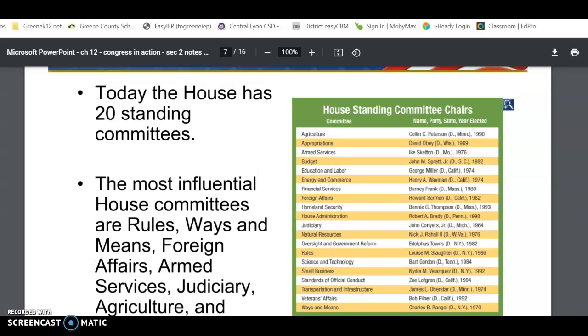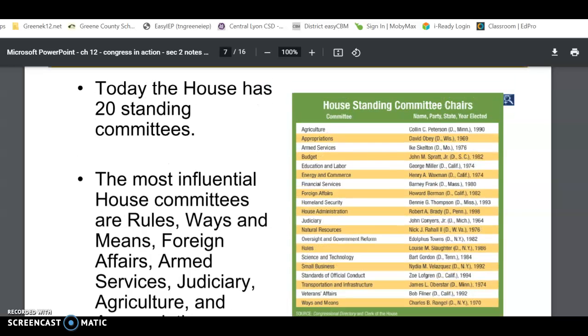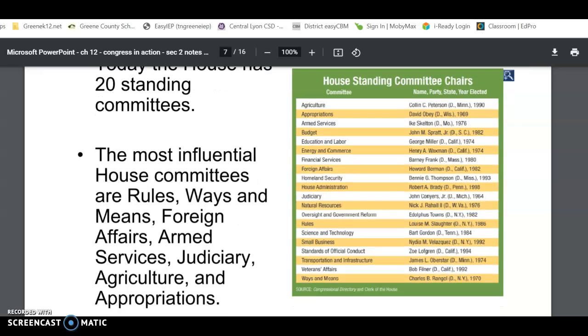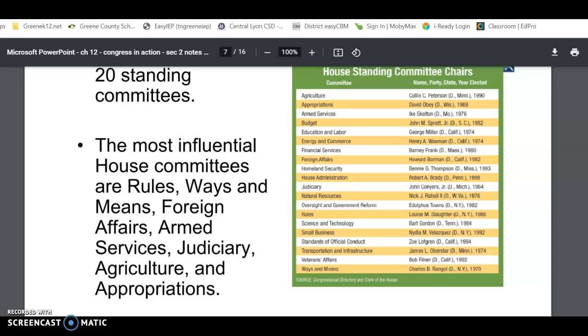So today the House has 20 standing committees. Remember, this PowerPoint was made in 2014, but that's about the same as now. But there are other different committees. So there are different influential committees. The ones that are the most impactful are things like the Rules and Ways and Means, the Foreign Affairs, the Armed Services, those kinds of things.